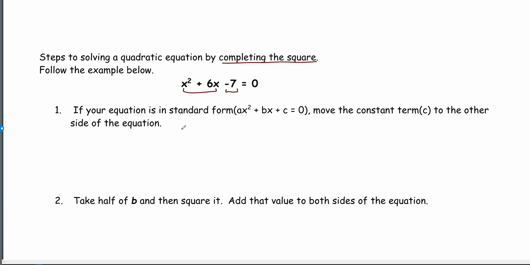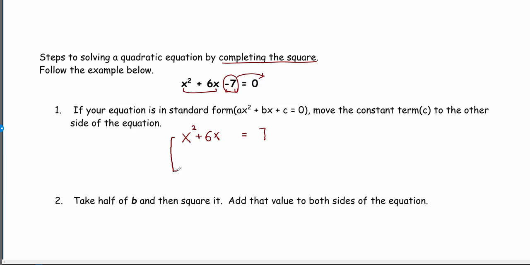Separate means what? This one moves to the right. So you've got x squared plus 6x equals 7. Now we're gonna find the squared form from here.